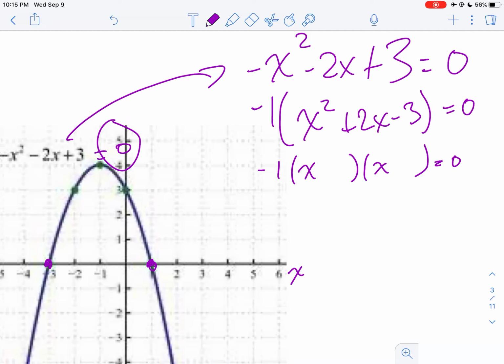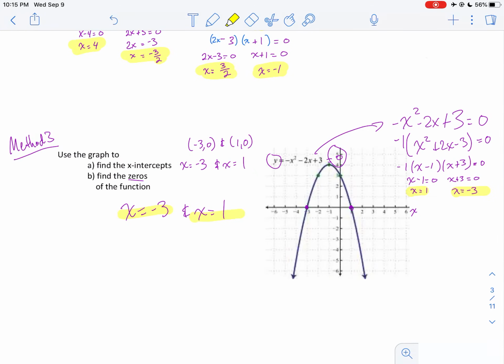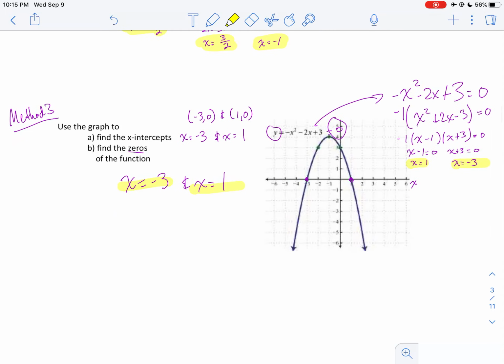This becomes x plus 3, x minus 1, equal to 0, using the zero product property. x equals 1, x equals negative 3. What do you notice? Same thing, right? All right. So I just want you to see the connection between the algebra and the graph.